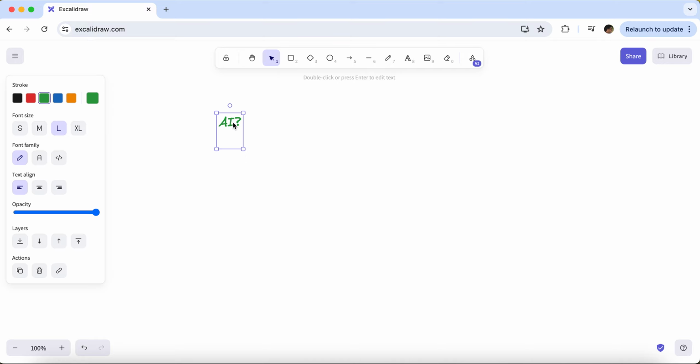So basically AI, as we all know, stands for artificial intelligence. Now, as the name itself suggests, artificial is something which is man-made, right?